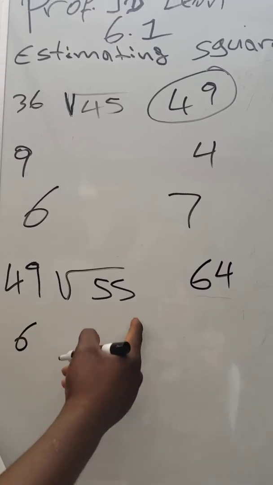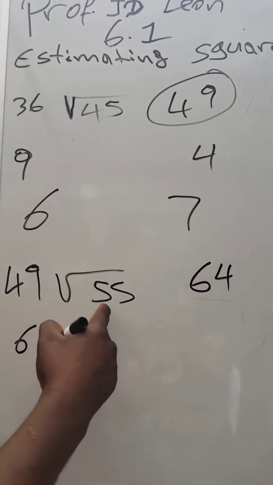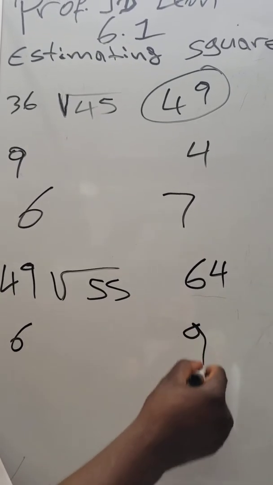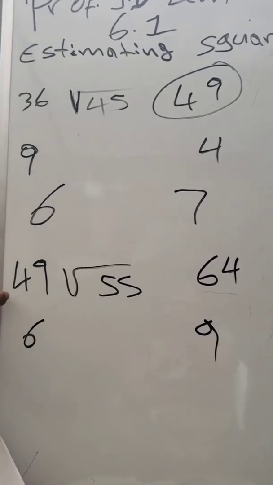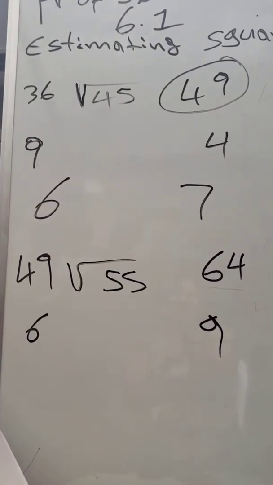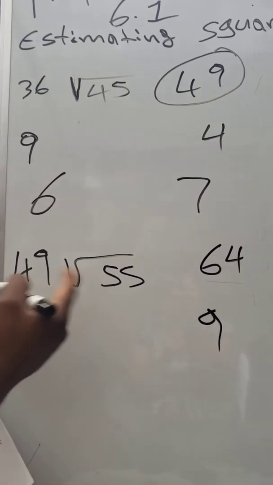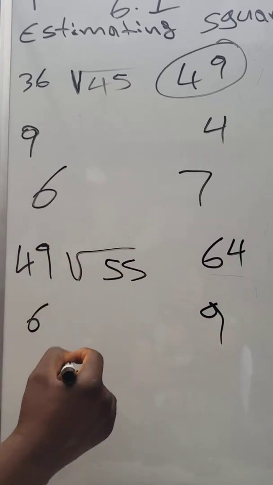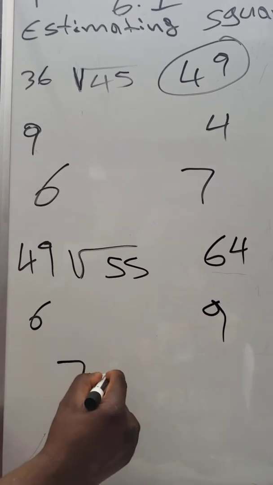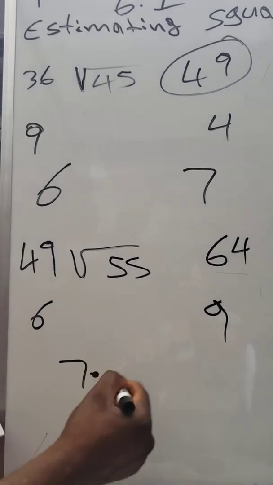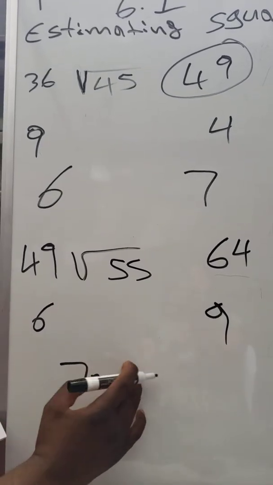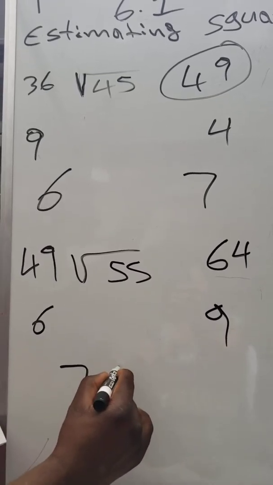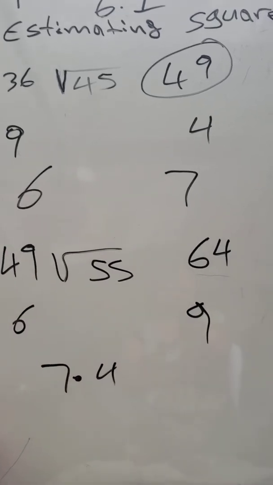Then subtract 55 from 64, and that should give you 9, which means 55 is closer to 49 than to 64. The value would be 7 point some decimal, between 7 and 8 but closer to 7. So let's say 7.4, for example.